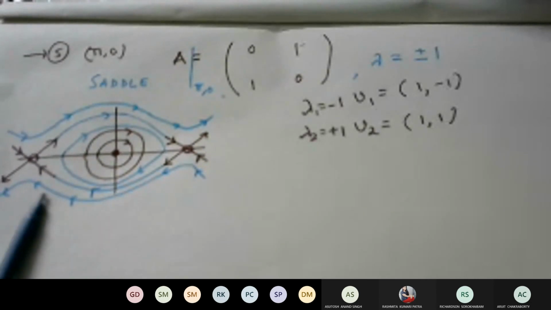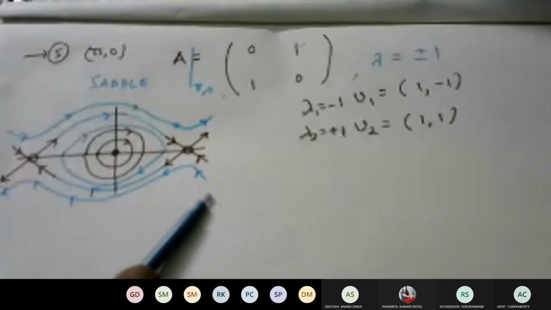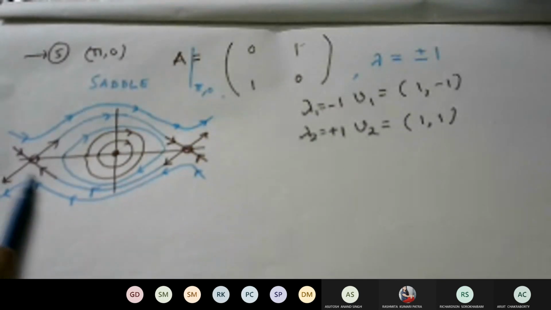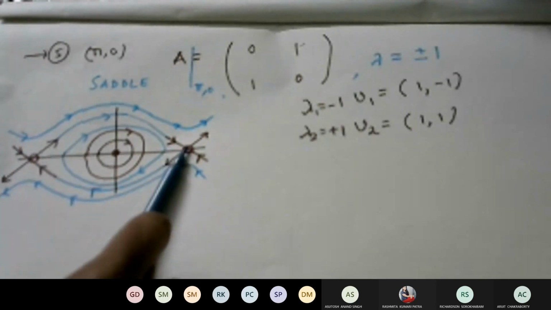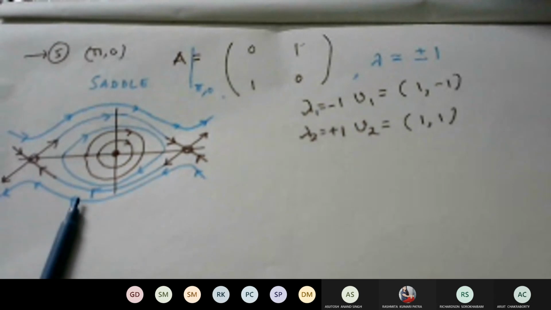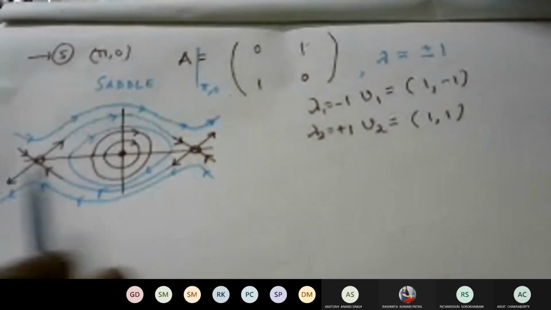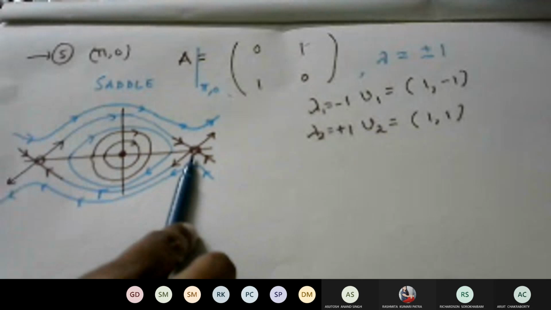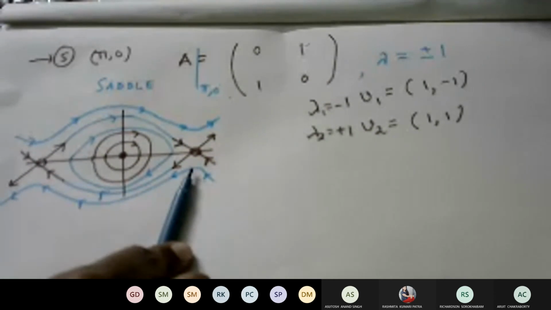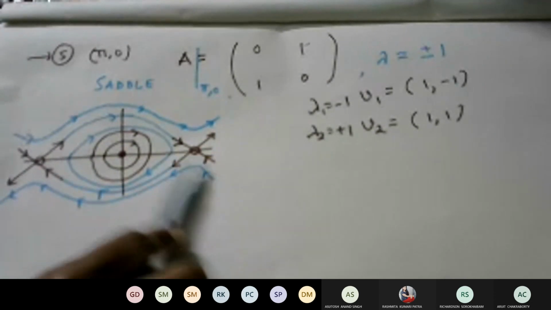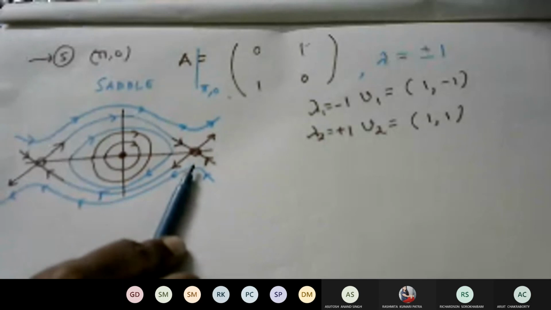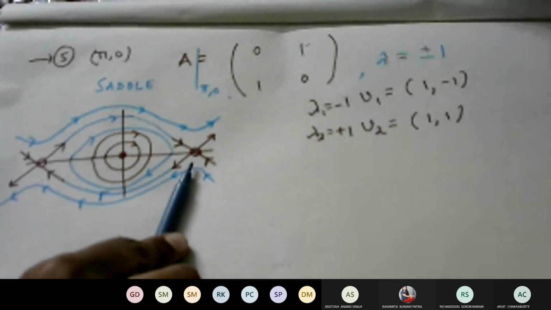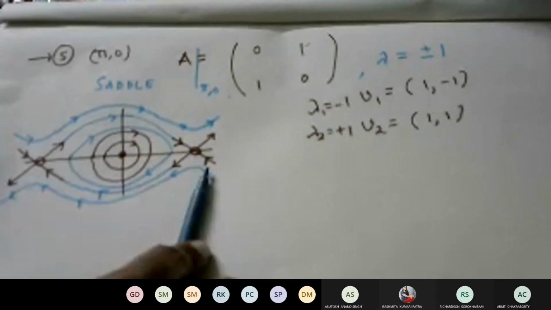What are these wavy lines that we have drawn outside? What do they signify, and what is signified by these lines that I have, the stable and unstable manifolds? And on top of it, these two are saddles. That means in some direction, if you approach these points, they can also be like a stable point, right? So what do these points mean?